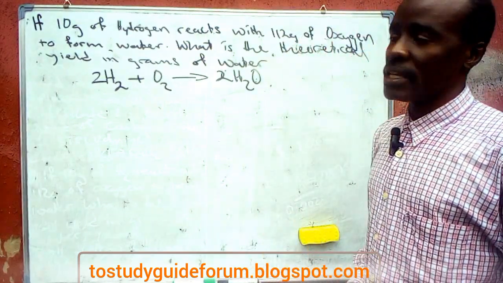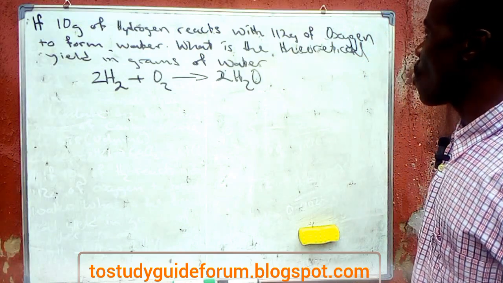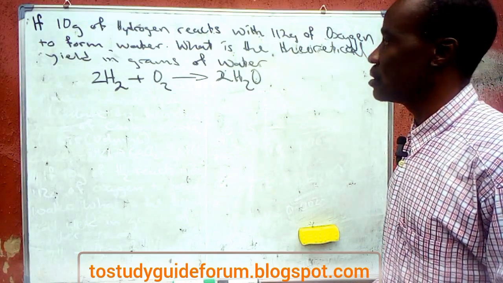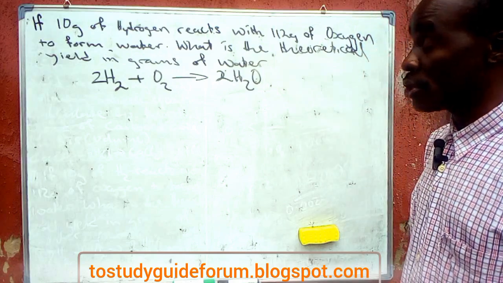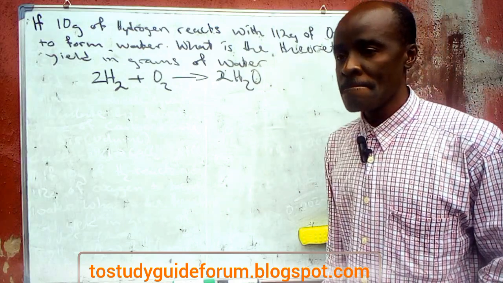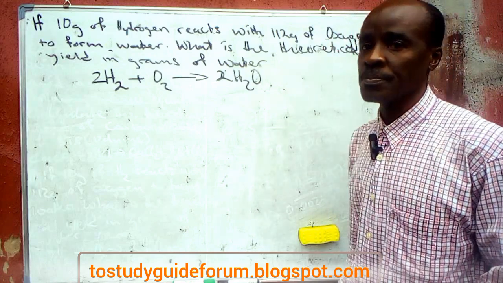The question says that if 10 grams of hydrogen reacts with 112 grams of oxygen to form water, what is the theoretical yield in grams of water? The first thing we do is to find out the one that is limiting.